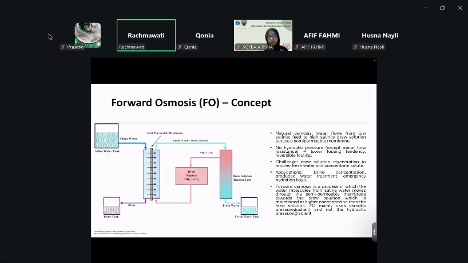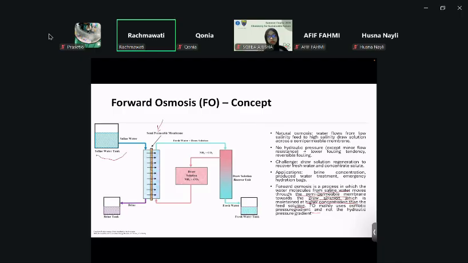But then in this case, forward osmosis is a process in which the water molecules from saline water move through the semi-permeable membrane toward the draw solution, which is maintained at higher concentration than the feed solution. So forward osmosis mainly uses the osmotic pressure gradient and not the hydraulic pressure gradient. So, for example, this is the saline water tank.